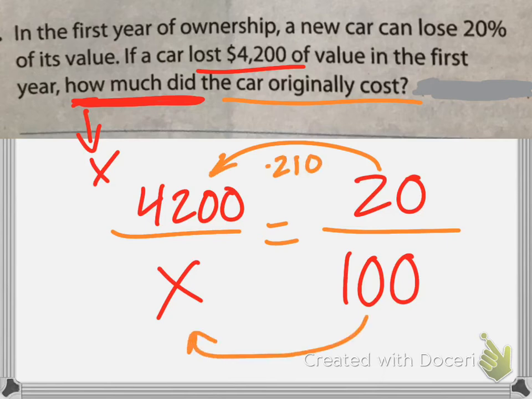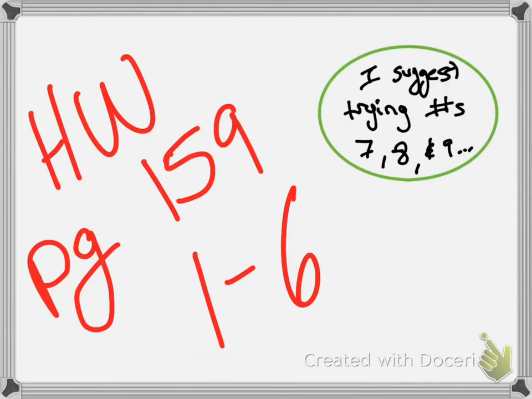So I'm going to do the exact same here to the bottom. I'm going to multiply 100 times 210. And I get the total price of my car to be $21,000.